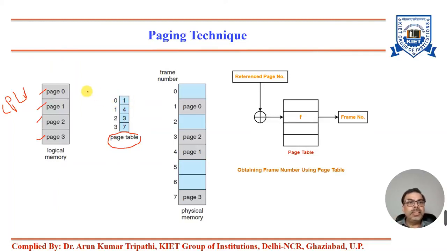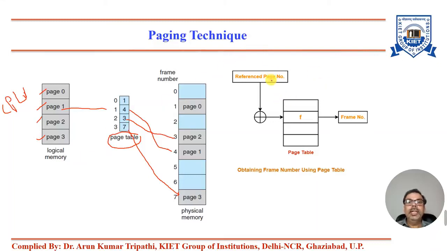For example, page number 0 will reside at frame number 1. Page number 1 will reside at frame number 4. Page number 2 will reside in frame number 3, and page number 3 will reside in frame number 7.